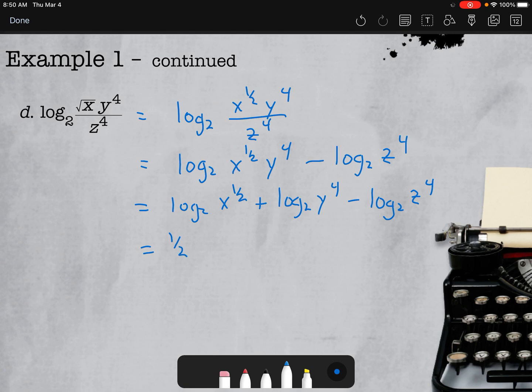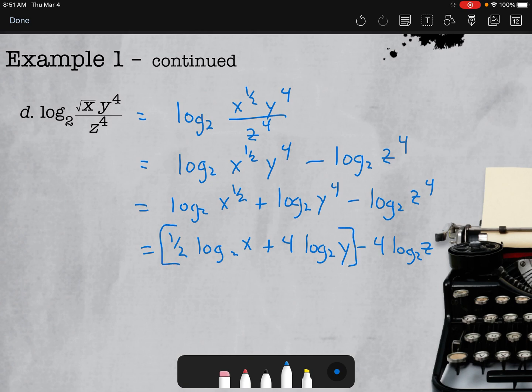Okay, getting closer. Now you'll notice I see a bunch of exponents, so we can move those exponents to the forefront of each term, and we end up with 1/2 log base 2 of x plus 4 log base 2 of y minus 4 log base 2 of z.